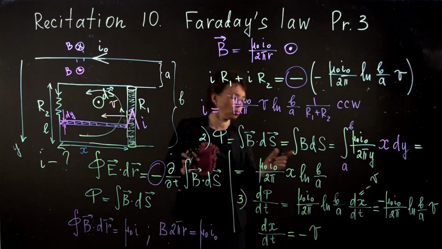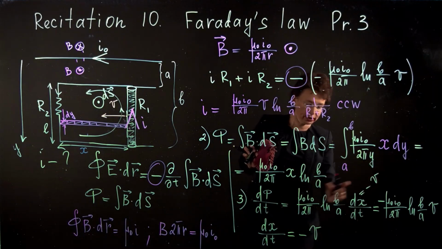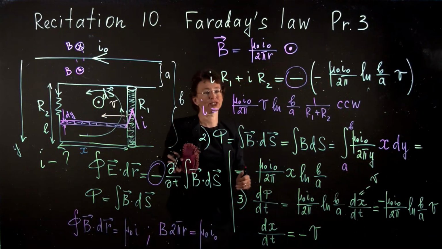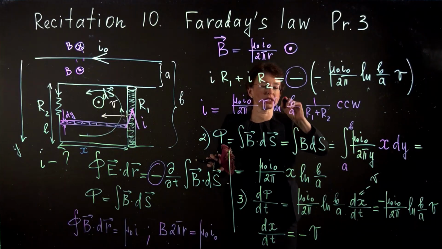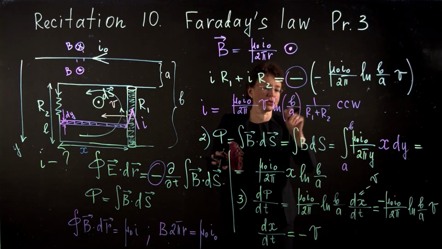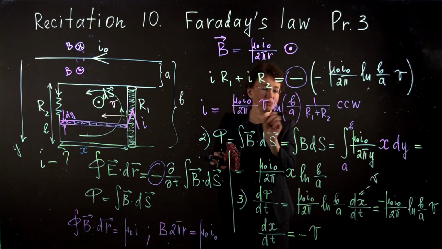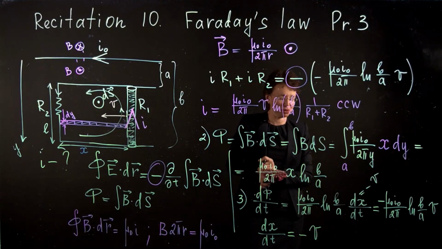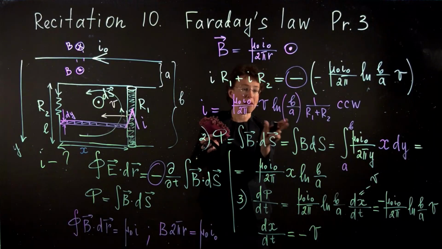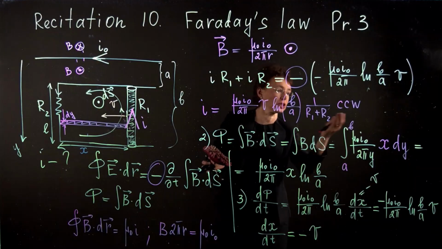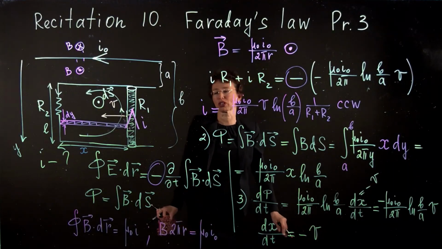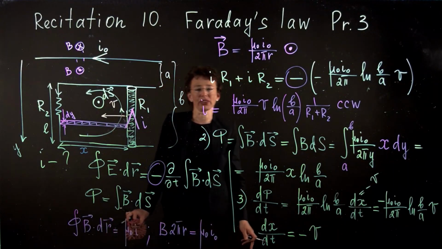And we had to integrate to find the flux of the magnetic field. By the way, just making sure that we understand what's going on, I will put parentheses. So this b over a belongs to this logarithmic function. So we found the magnitude of current, and the direction of current generated in this circuit.